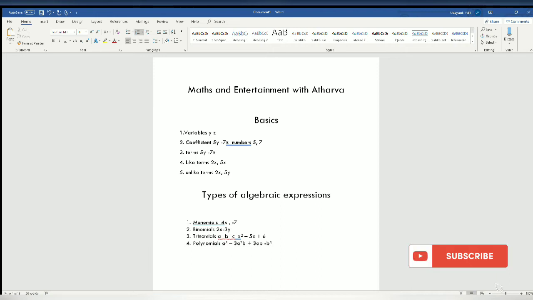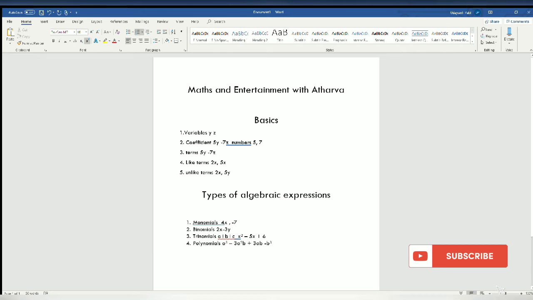This is one example of polynomials. In this there are four terms, which is more than three terms. So these are the types of algebraic expressions.